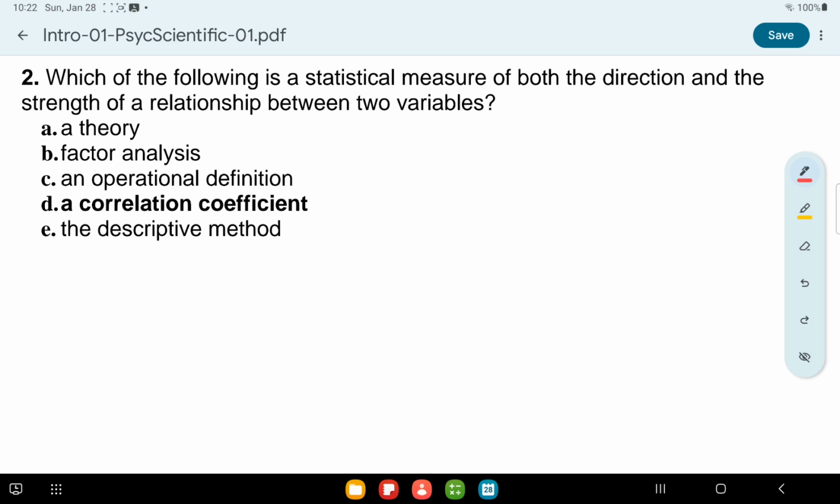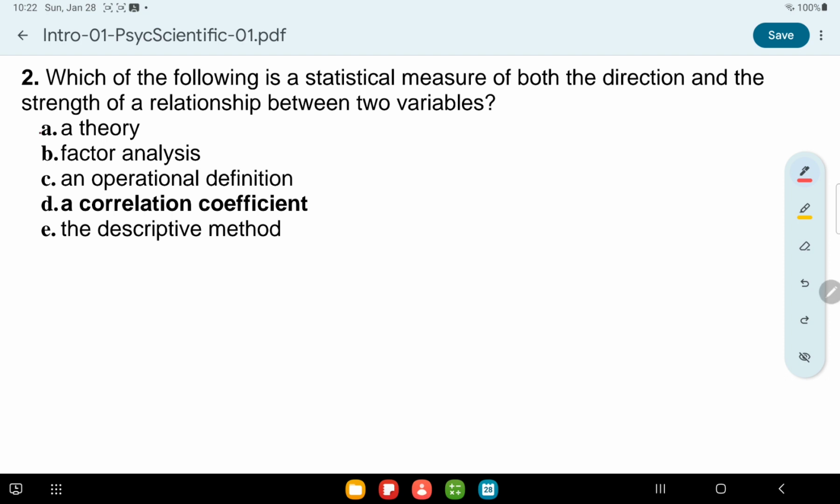Now, factor analysis is not exactly a topic of interest. Well, it's a topic of interest, but it's not exactly a topic that you are expected to become familiar with at the freshman level of psychology. It is a statistical technique.